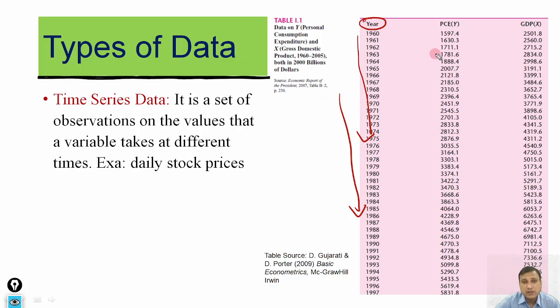And here is personal consumption expenditure, one variable denoted by Y. And here are the values for different years for a particular variable Y. Then this becomes time series data. I hope you understood this. Let me go to the next slide.